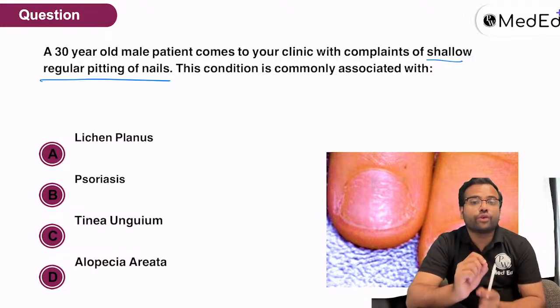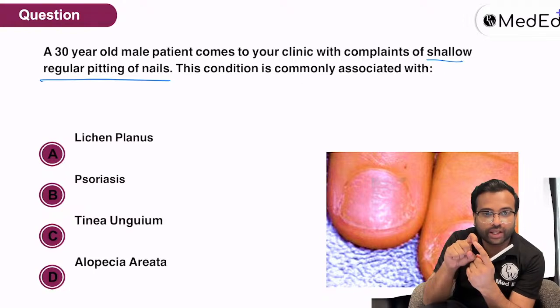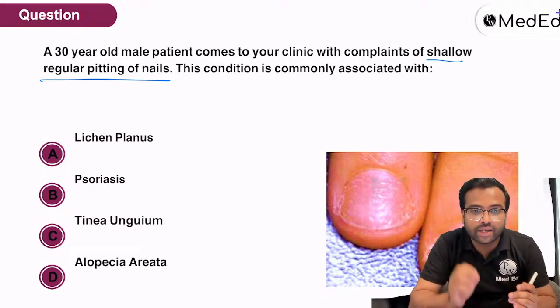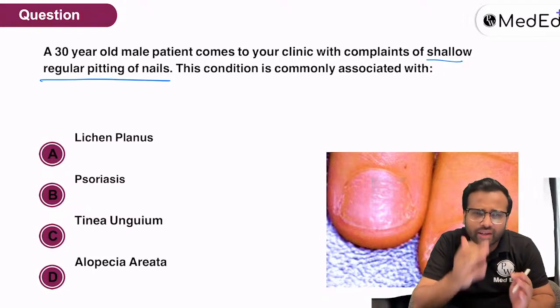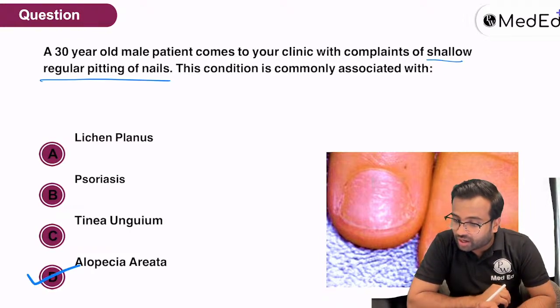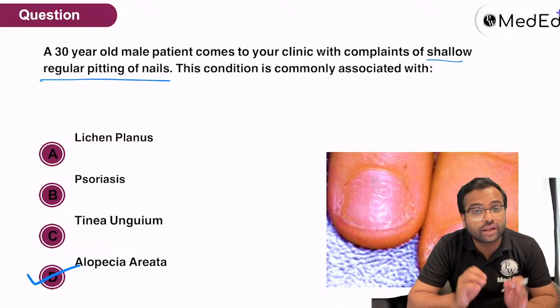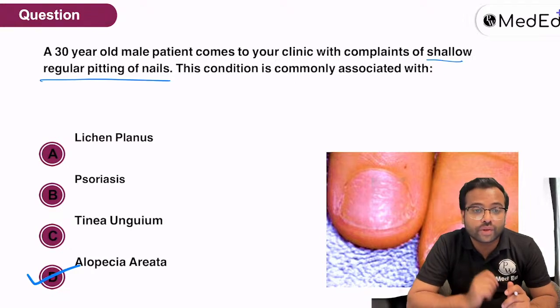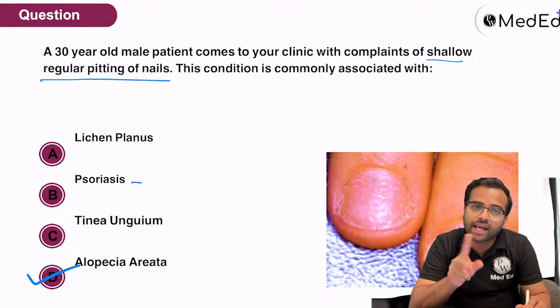Yes. Whenever you find these kinds of depressions over the nails, and these depressions are regular and shallow, it is very, very typical for alopecia areata. Yes, and Dr. Depaki is giving the right explanation as well, because when it comes to psoriasis, we see the exact opposite.